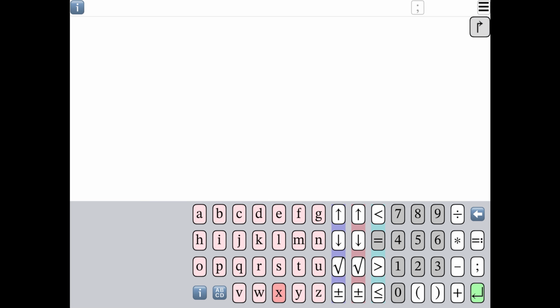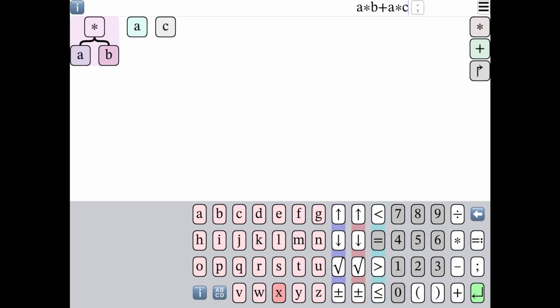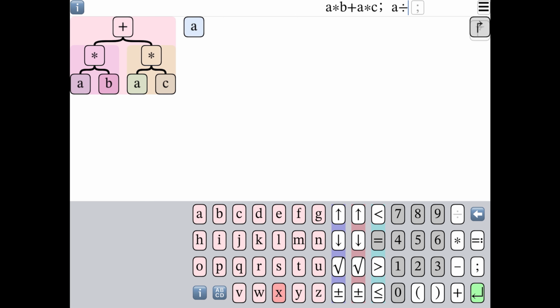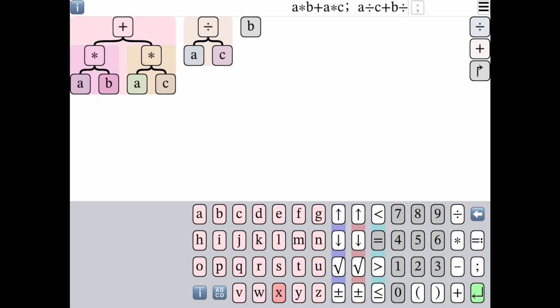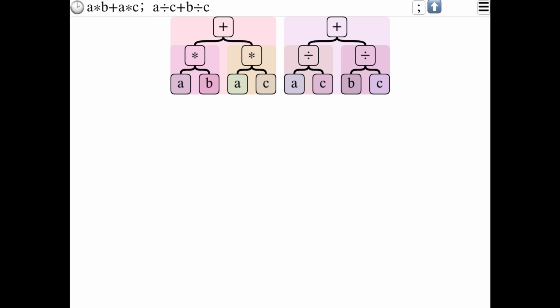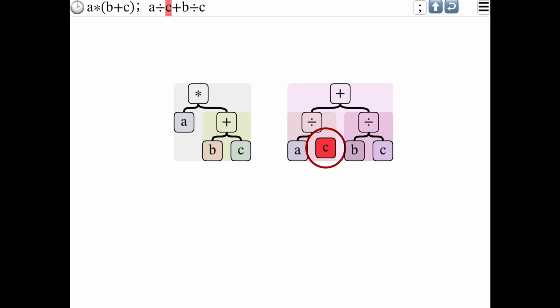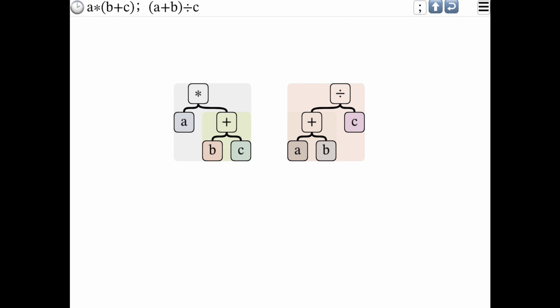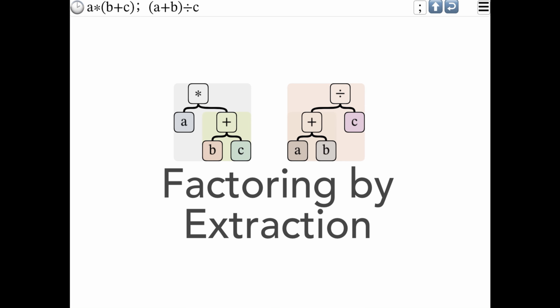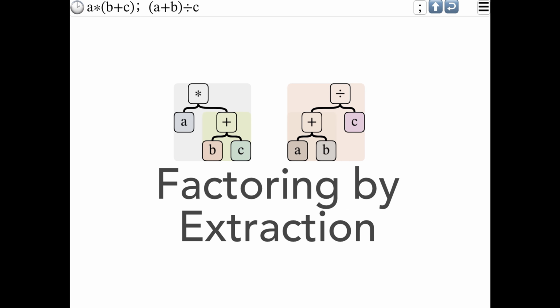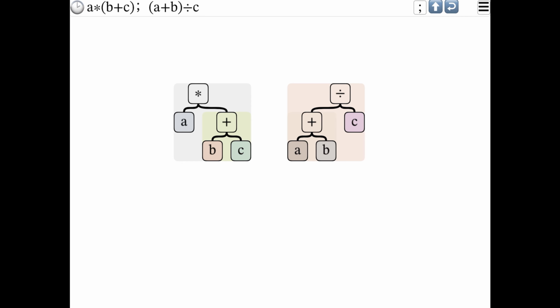DragginMath also does another kind of factoring. This is called factoring by extraction, once again because that's what it does. This undoes the work done by the distributive property.